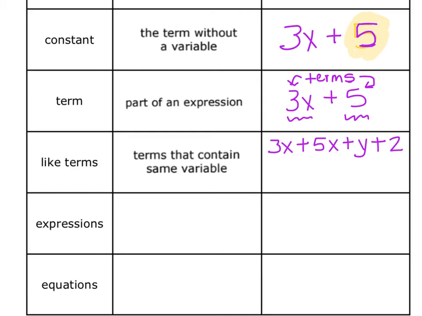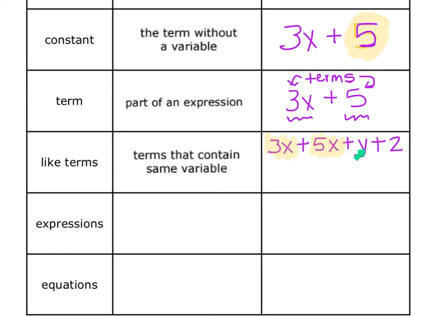When we're talking about like terms, we're looking for the things that are the same. In this case, we have 2 things that are the same: 3x and 5x. They both have a coefficient. This one has 3, this one has 5. They both have an x.